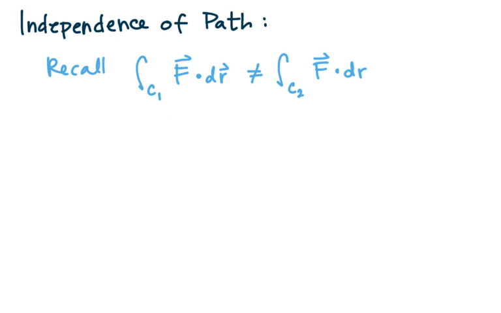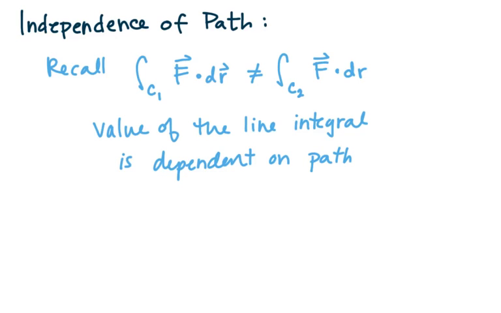So what we have been learning so far is that the value of the line integral is dependent on the path. It depends on the path you take from point A to point B. So if we had gone this way versus some other path, that line integral would be different.